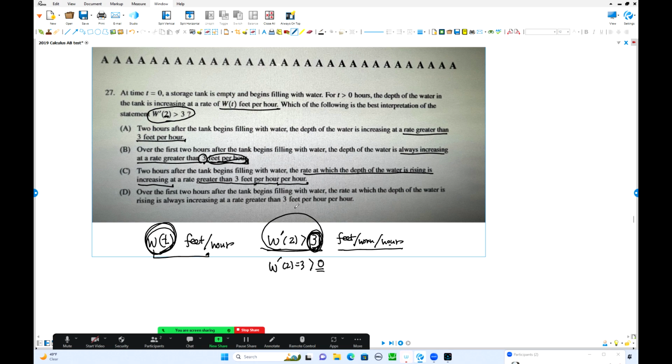From here, we can say that W prime is positive, so W of t is increasing, but the increasing rate is this one, and the unit should be feet per hour per hour. This is very similar, but the unit is wrong.